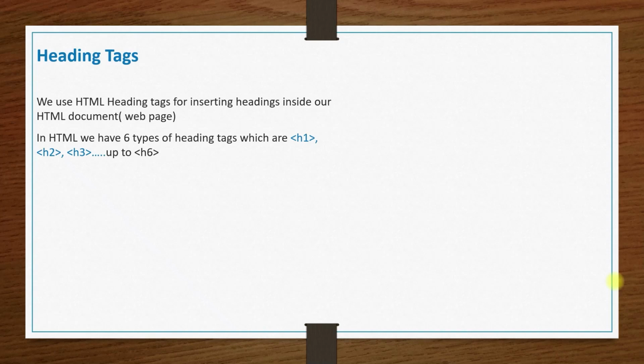In there, if you noticed, we have headings, and these headings are not only one or two or three. Those are 6 headings: heading 1, 2, 3, 4, 5, and 6.